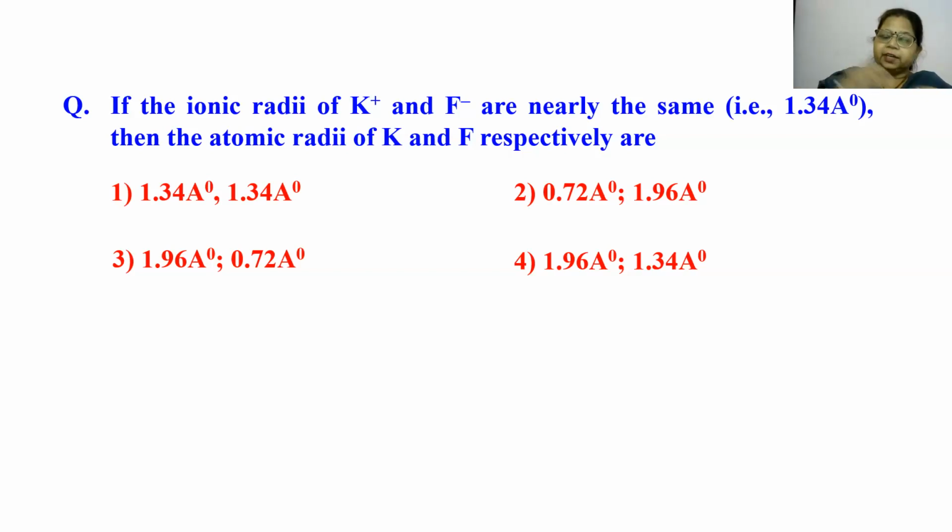We will recall that and then come back to the question. Shweta, is the concept of size of cation and anion clear to you or not? Yes, ma'am, it is. Okay, so I believe it is clear to all of you. So just tell me the correct answer. Okay, good. So what is the correct answer?